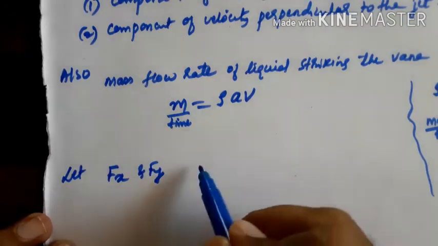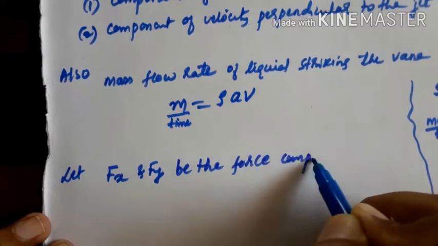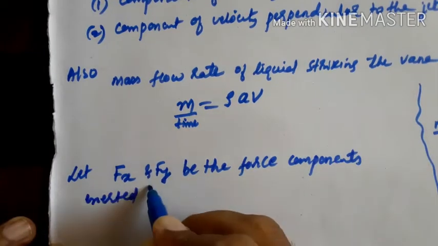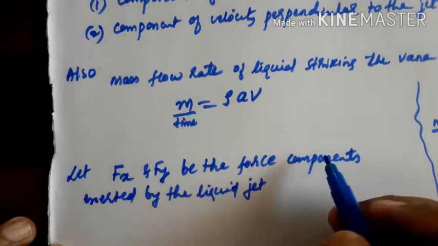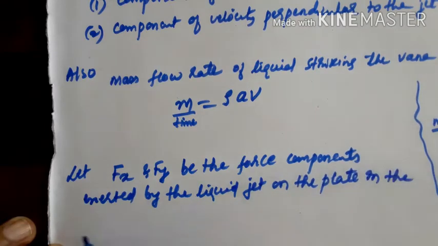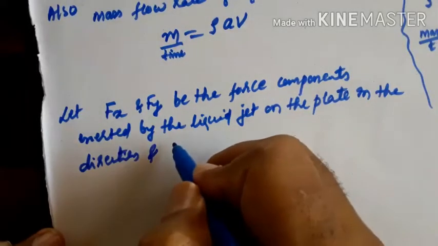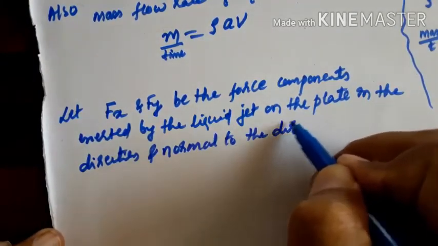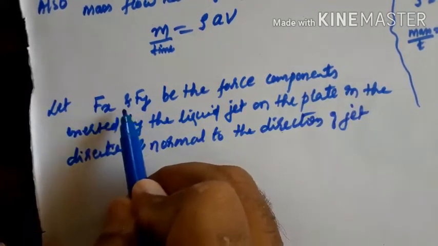Let Fx and Fy be the force components exerted by the liquid jet on the plate in the direction and normal to the direction of jet.